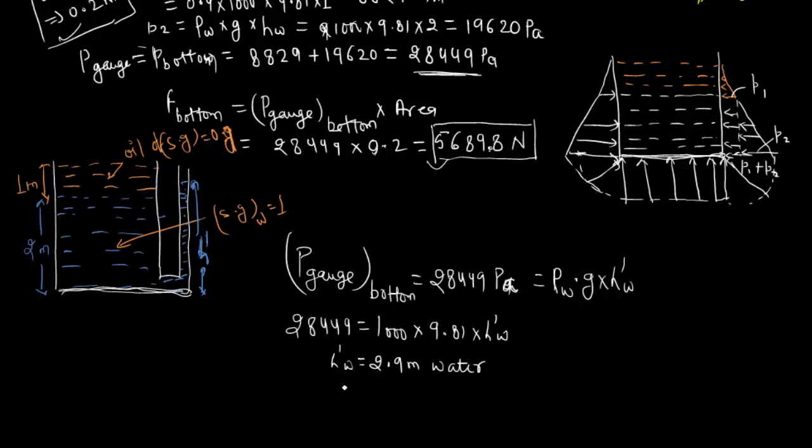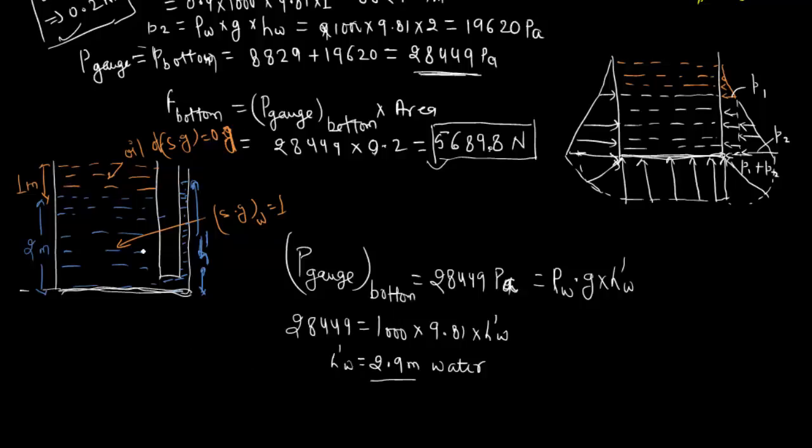So this pressure intensity, that is 28449, is maintained by water by maintaining the height of 2.9 meter of water. So you can see here at the bottom the same pressure intensity, that is 28449, is maintained by the 2 meter height of water and 1 meter height of oil. But in the tube the same pressure intensity, that is 28449, is maintained only by water, by 2.9 meter of water, and here the total height is 3 meter.